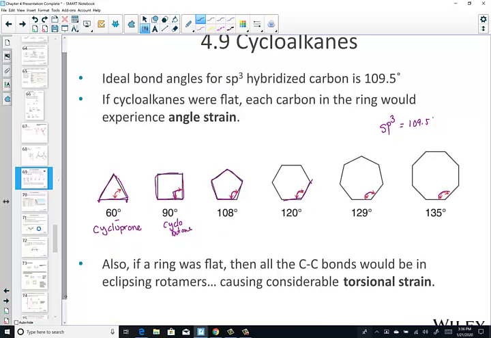And keep in mind that when we build these molecules, we're often fooled into thinking they're flat on the paper, but they're not. Just as the zigzag line represents the carbon chain that we call a straight chain, we understand that the zigzag line is really a more accurate depiction of the carbon chain, knowing that you have 109.5 degree bond angles.